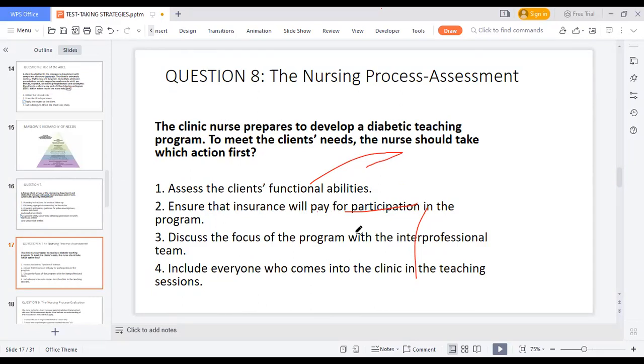We will not be able to answer practice questions applying all the various steps of the nursing process. Like I said, I plan to make a separate video on Maslow's hierarchy and the nursing process where we will be able to practice a lot of questions.